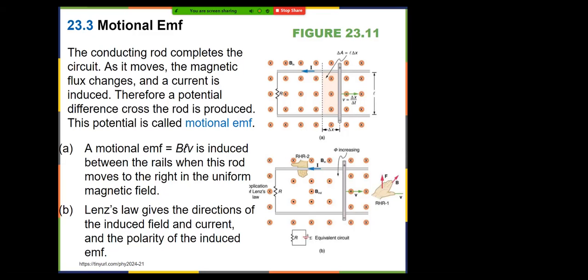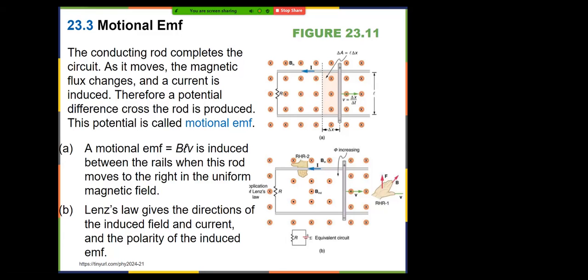So in this case, you can calculate what's changing in delta A. The magnetic field B is the same, so B times delta A. The magnetic field is perpendicular to the loop, so theta is equal to 0, and cosine 0 is 1. So flux is just B times A. The change in flux delta phi corresponds to the change of A times B. B is not changing, so you can calculate what's changing in A. That will be L times delta x.